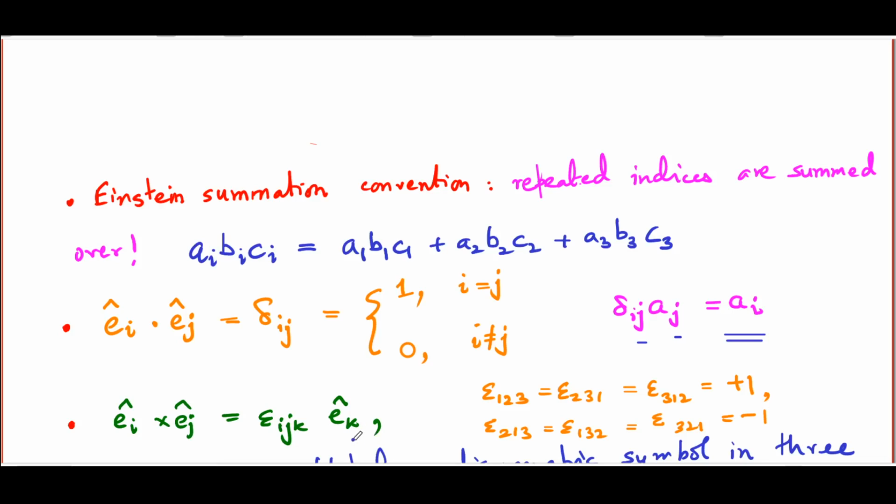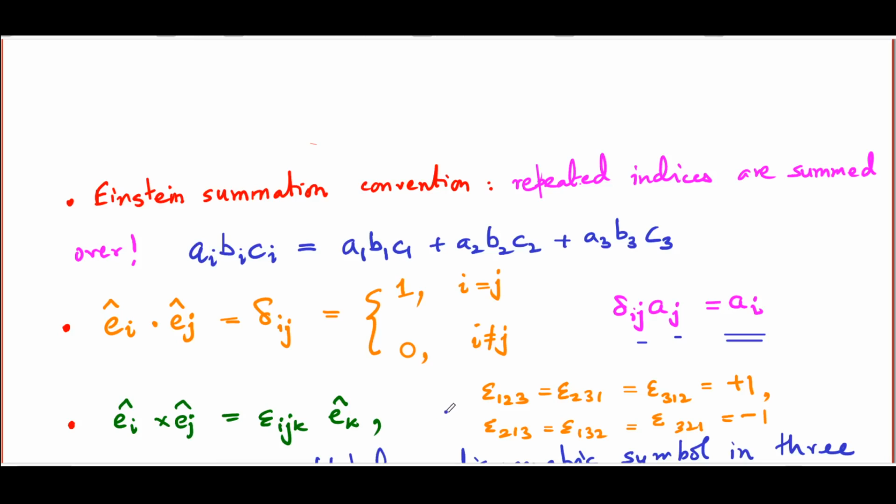Of course, k is being summed over here. And from what we know about the basis vectors and their cross products, things like i cross i is 0 or i cross j is k and so on, we can immediately write down the non-zero values for the epsilon symbol.